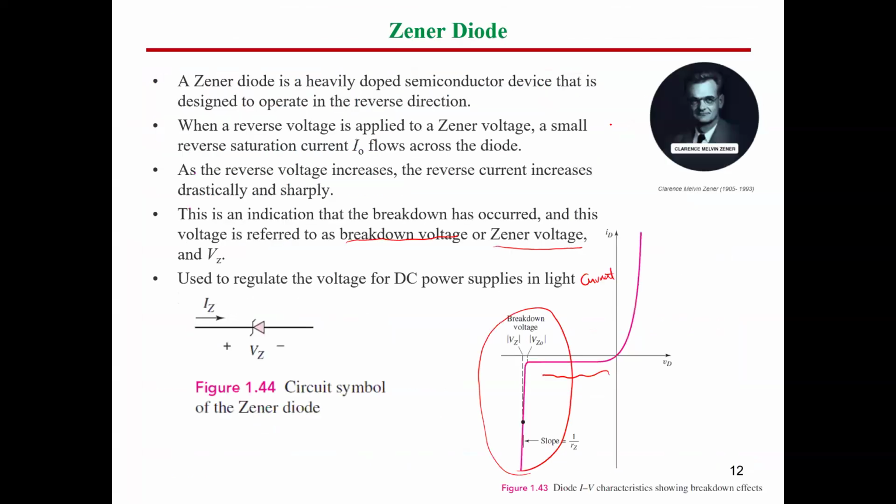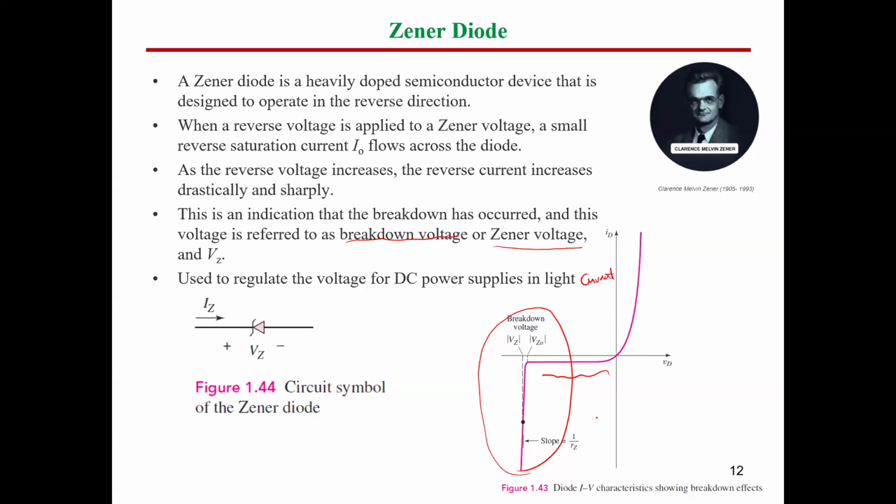If we go back one slide, the slope of this line in the reverse biasing is 1 over R, because I is on the vertical axis and V on the horizontal axis. So if we assume the ideal case, which means this is a right angle, the slope is going to be infinity, and this means R equals 0.